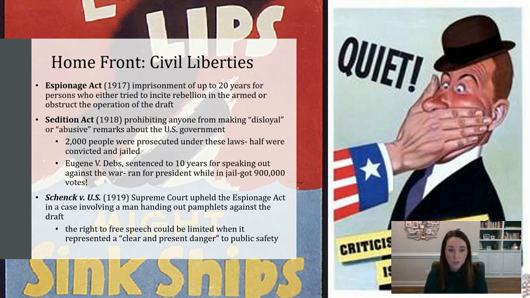So you have the Espionage Act, aimed at people trying to incite rebellion, and the Sedition Act, which prohibited anyone from making any type of disloyal comments. 2,000 people were prosecuted under these laws. Half of them were convicted and jailed. Eugene Debs, a former labor man turned socialist, was sentenced to 10 years for speaking out against the war.